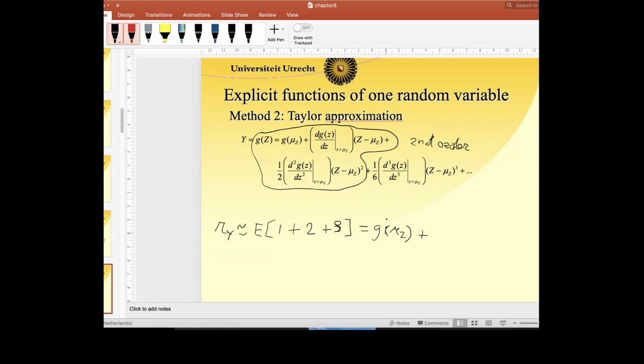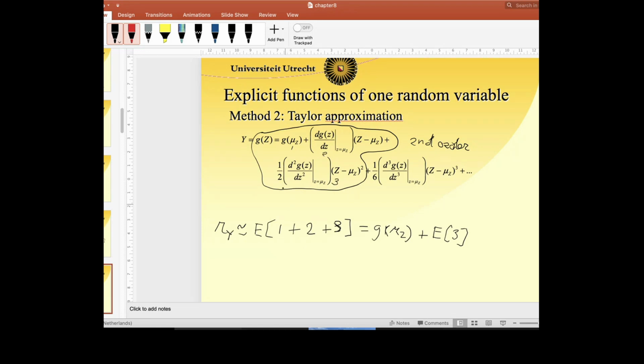So we end up with the expected value of the third thing. What is the expected value of 3? So this is 1, this is 2, and this is 3.